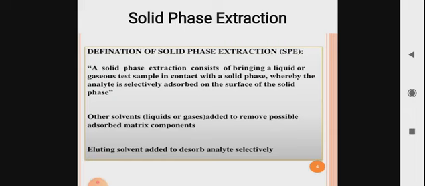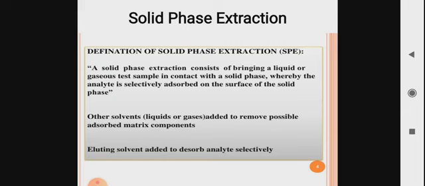What is solid phase extraction? A solid phase extraction consists of bringing a liquid or gaseous test sample into contact with a solid phase, whereby the analyte is selectively adsorbed on the surface of the solid phase. Other solvents are added to remove possible adsorbed matrix components. Eluting solvent is added to dissolve analytes selectively.